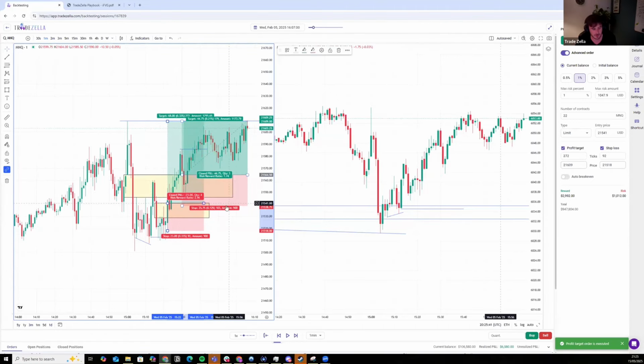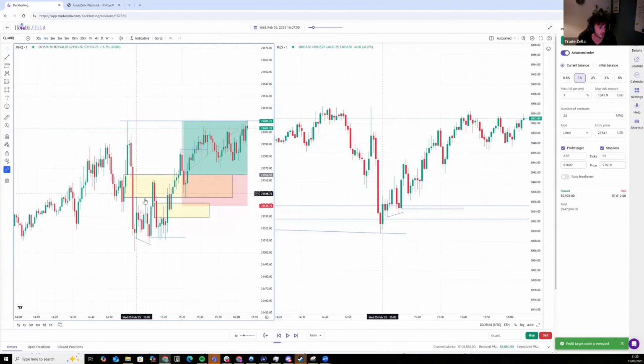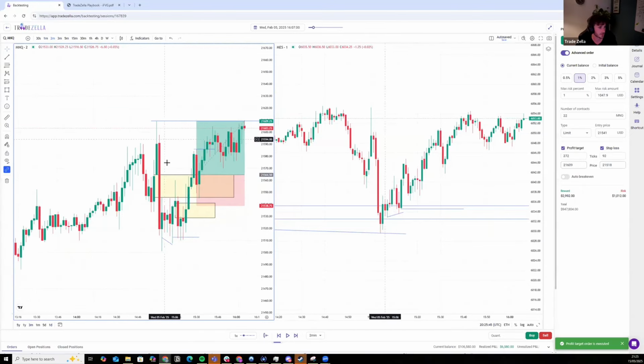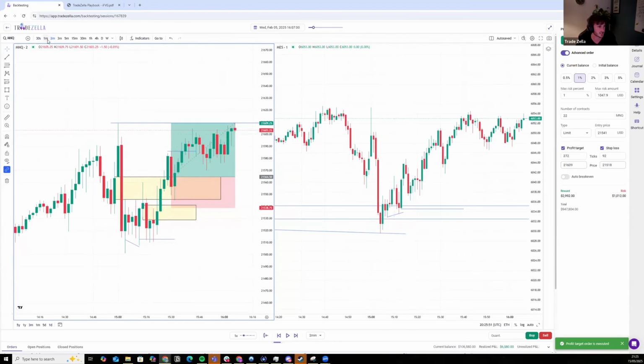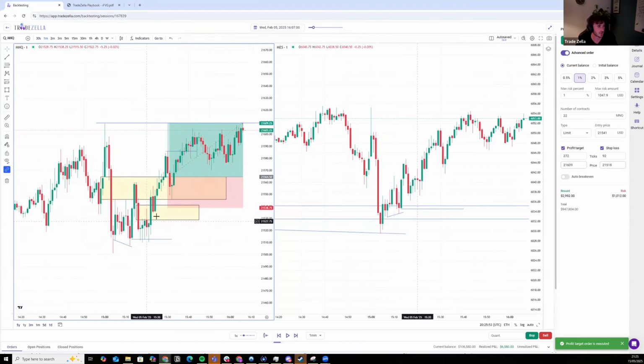We took the safer option, waiting for slightly more confirmation of this larger 2-minute gap here. The higher time frame has a fair value gap as well, probably the better time frame to take it, just because it's slightly safer. These are a bit more aggressive, and there's a lot more to reject from, because price could have taken this high and then rejected from there. So it was better to wait for this one to get closed above.